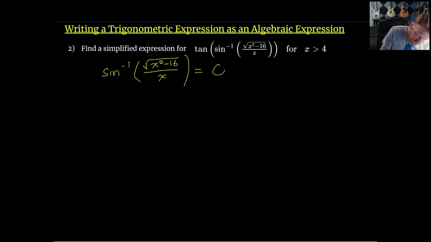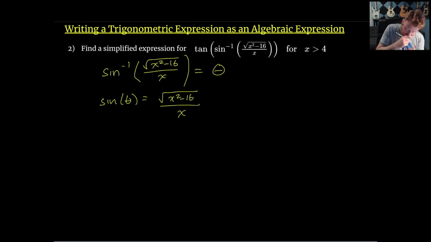We know that this is just going to be some angle theta. And if I take the sine of both sides here, we would get that sine of theta is equal to the square root of x squared minus 16 over x. So that's just using the inverse relationship there.